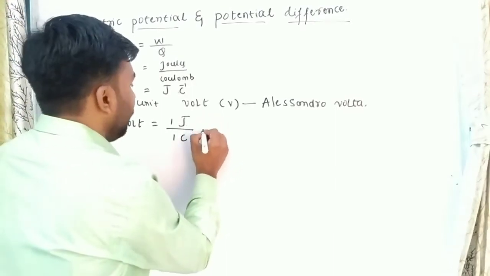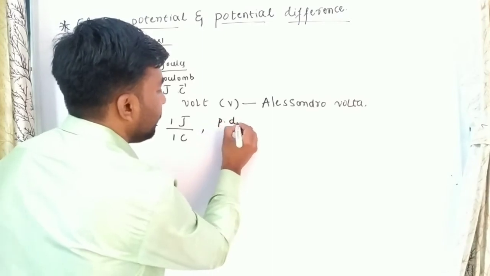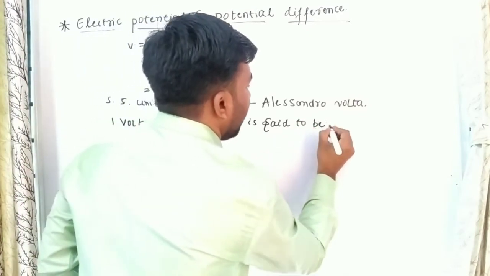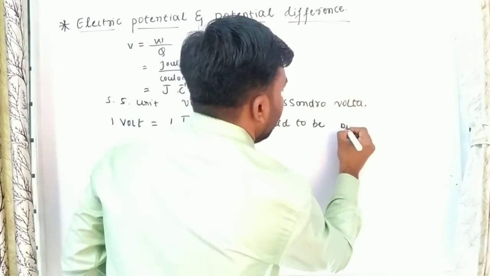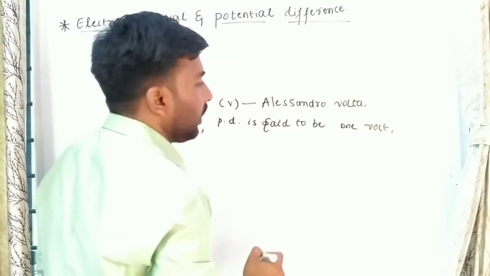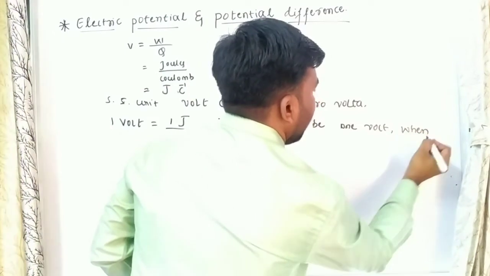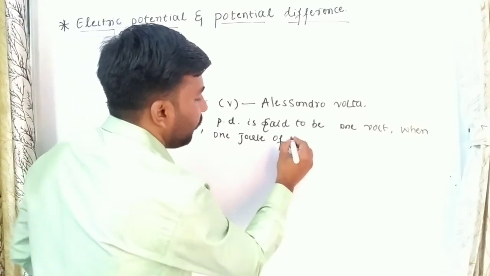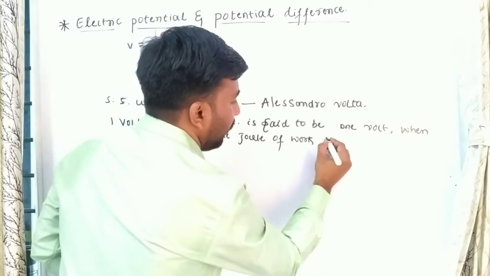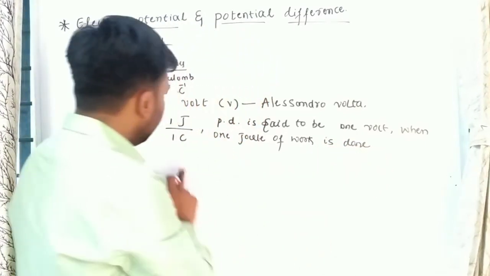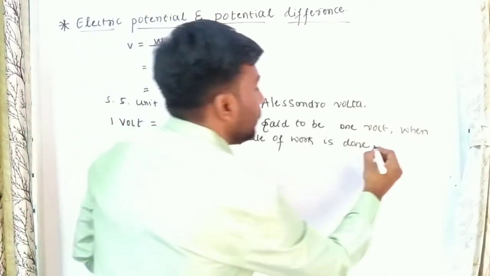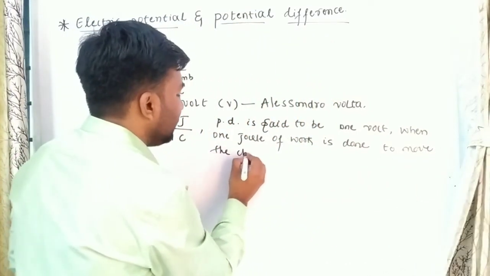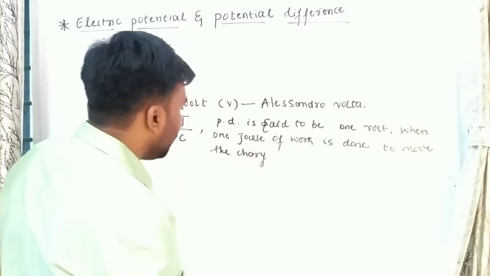So potential difference is said to be 1 volt when 1 joule of work is done to move 1 coulomb of charges.